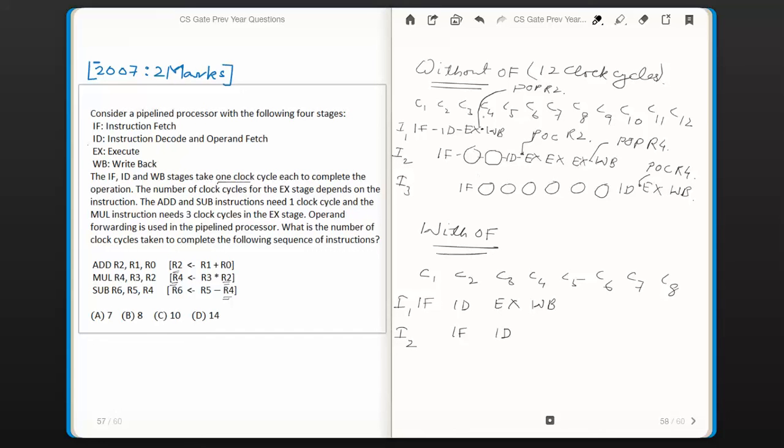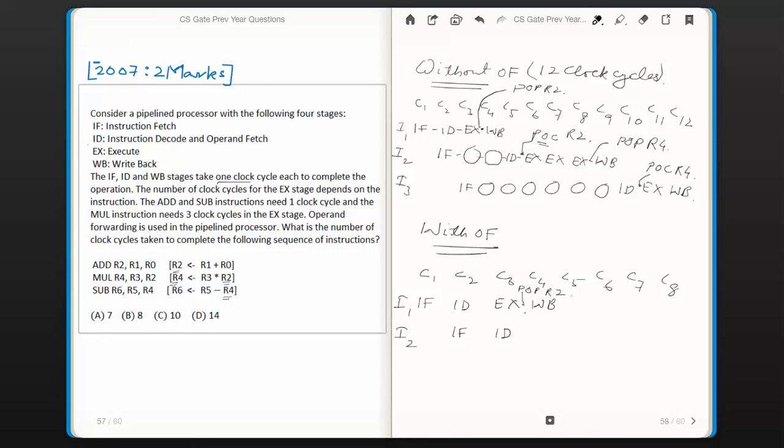So as in this diagram we have seen, the point of production of R2 is at the output of the execute stage, that is here, right? So this is the point of production of R2, and so the execute stage, at the input of which the point of consumption of R2 is there, can be scheduled right after it. So actually we didn't have to wait for write back to complete.